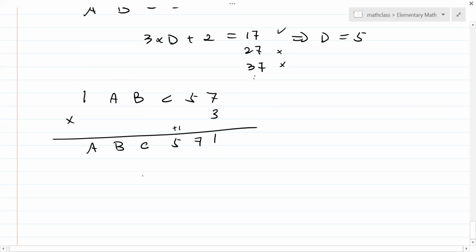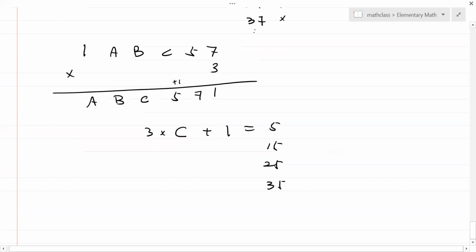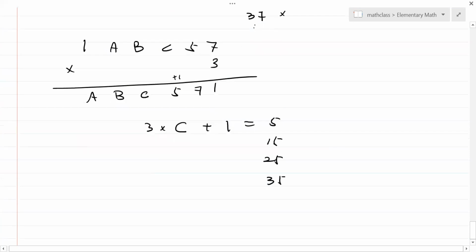So this indicates 3 times C plus 1 should be equal to 5 or 15 or 25 or 35, right? Well, what are the possibilities?